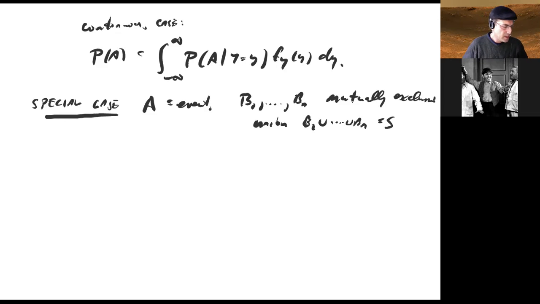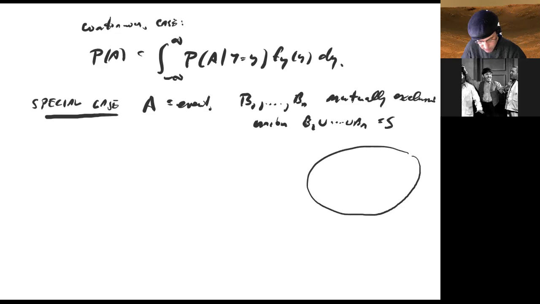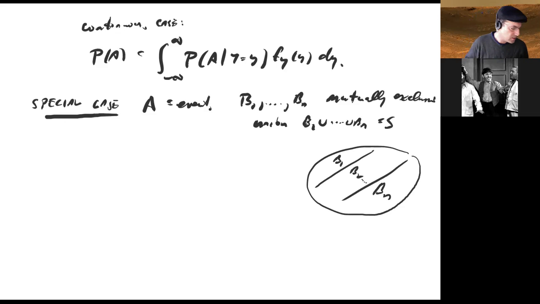So this is like a so-called partition of the sample space. You can think of it this way: if this is the sample space, you have B1, B2, and so on up to Bn. So we've cut up the sample space into disjoint sets.